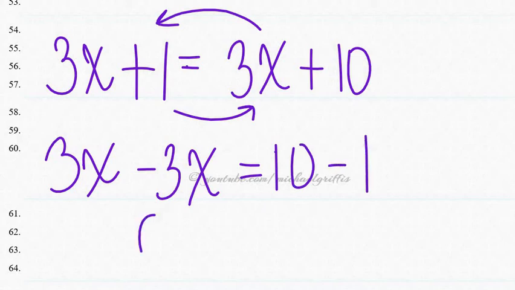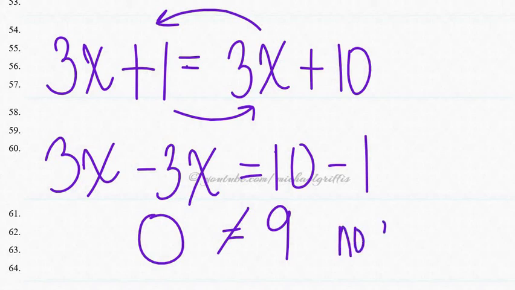What do we end up with here? We end up with 0 is equal to 9. Is that true? No. This tells us that this has no solution. There are other ways of writing this, and we'll get to that later.